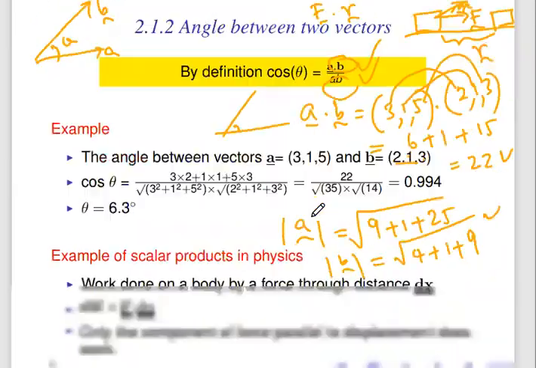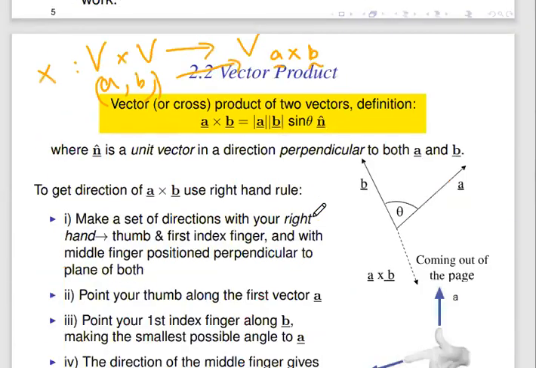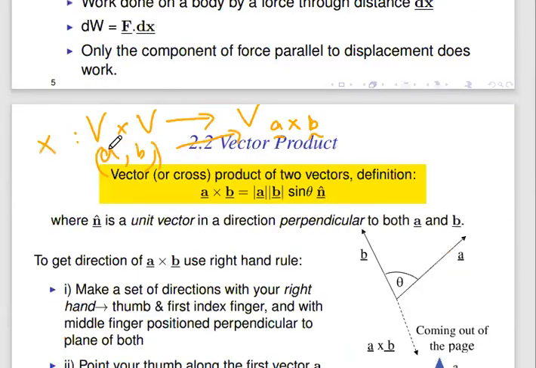But the vector product gives you a vector when you operate on two vectors under this operation. So this is a vector, this is a vector. This is the definition. When you operate on two vectors in this way, we denote it as a cross.